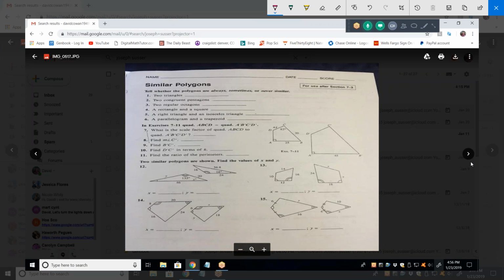So tell me, first of all, what the similarity ratio is. 6 over 8, or 8 over 6. I don't care if you want to go little to big, that's fine. If you go big to little, it is 8 over 6. So what's the equation that lets me solve for x?